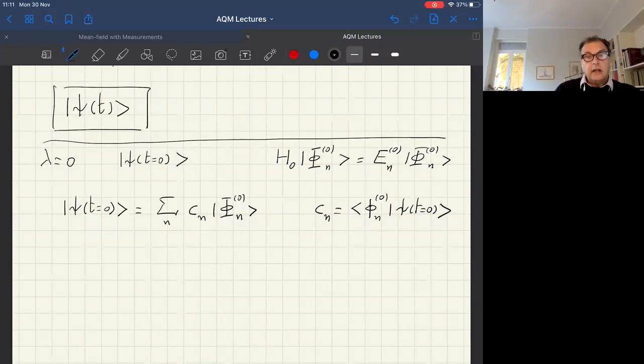So if you have the wave function expressed in terms of phi 0 of n, then the time evolution is particularly simple, because you know that psi of t is just equal to e to the minus i H0 t applied to the state psi at time equals 0, which you told me last time.